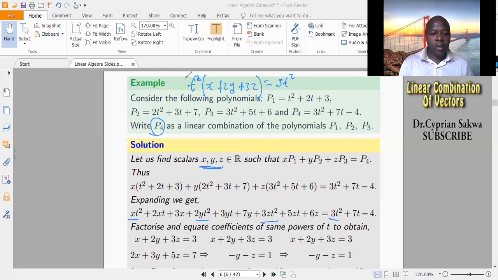So t squared and t squared cancel, and I'm left with x plus 2y plus 3z equals 3. And that's what we see here.